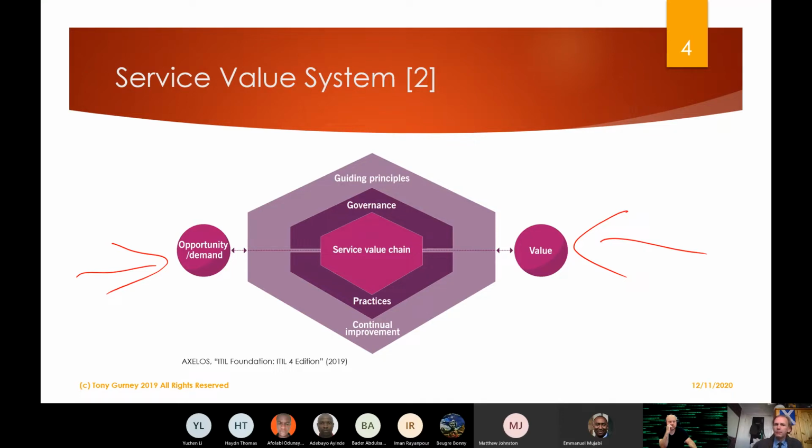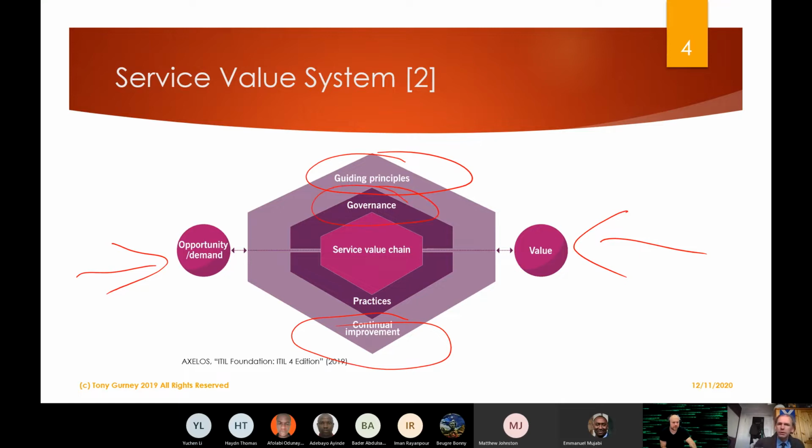We look at how that fits into the principles of how we provide our services, how it fits into our approach to continual improvement, which is, of course, something that we've been talking about, the idea that organizations will try and continue to improve.